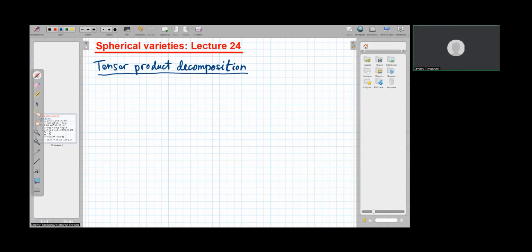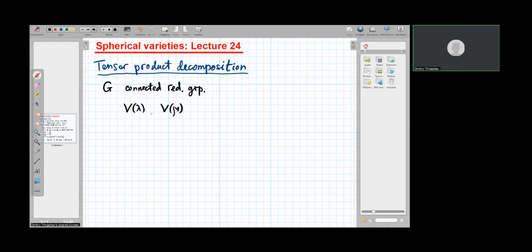So what is this problem about? Let, as usual, G be a connected reductive algebraic group. Suppose we are given two irreducible representations of G, say of highest weights lambda and mu. So in our notation, we have V of lambda and V of mu.